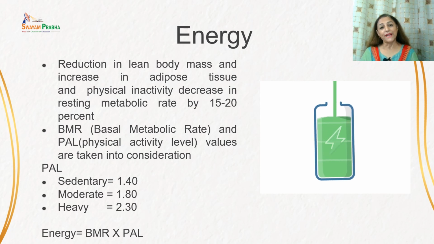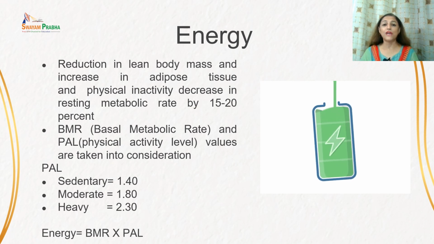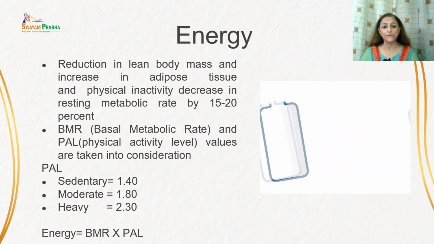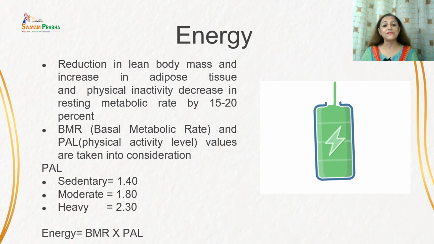We have divided the lifestyle into three categories, as we have already studied about the adult energy requirements. So the same is the case here also. The physical activity level can be sedentary, moderate or heavy.